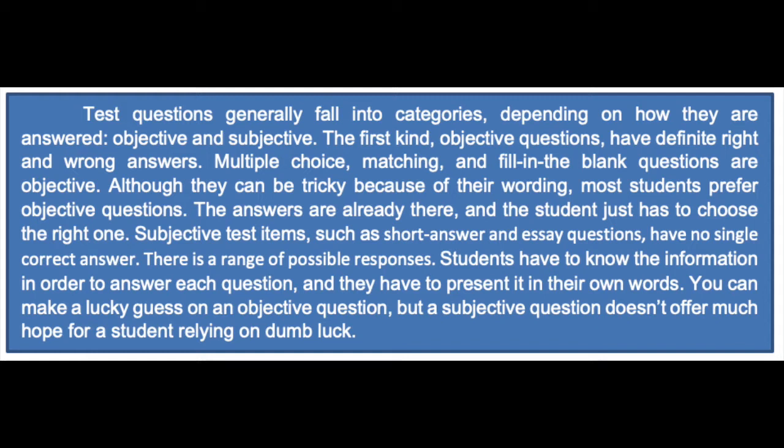The answers are already there, and the student just has to choose the correct answer. There is a range of possible responses. Students have to know the information in order to answer each question, and they have to present it in their own words. You can make a lucky guess on an objective question, but a subjective question doesn't offer much hope for a student relying on a dumb luck.